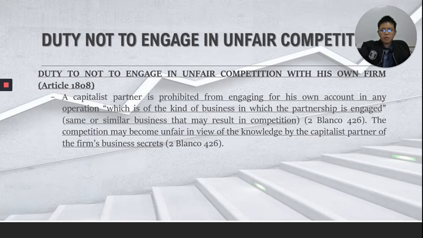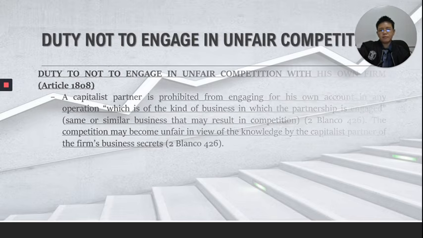Kasi remember, kung mag-engage siya sa same business, there is unfair competition. Dahil magagamit niya yung knowledge na nakuha niya sa partnership business para gamitin dun sa kanyang personal na business. So, there can be business secrets, etc. na pwede niyang magamit dun sa kanyang personal business, and this would be unfair on the part of the partnership.